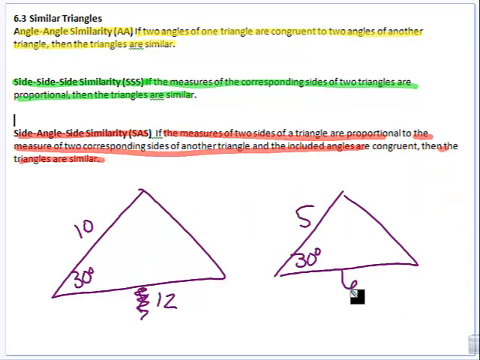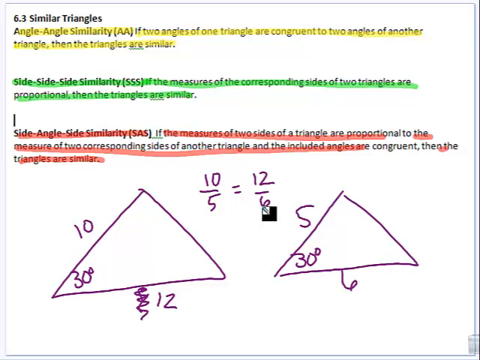So first off, for it to be side-angle-side, the angle has to be the same. Is the angle the same? 30 and 30, are those two the same? Yep. Now we have to check to see if the sides are proportional. Does 10 over 5 equal 12 over 6? Yes.